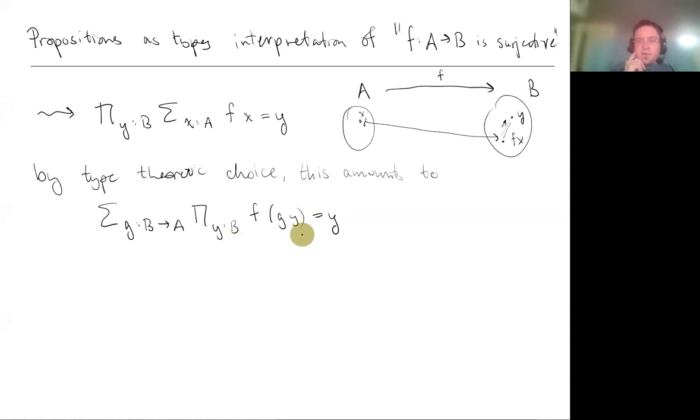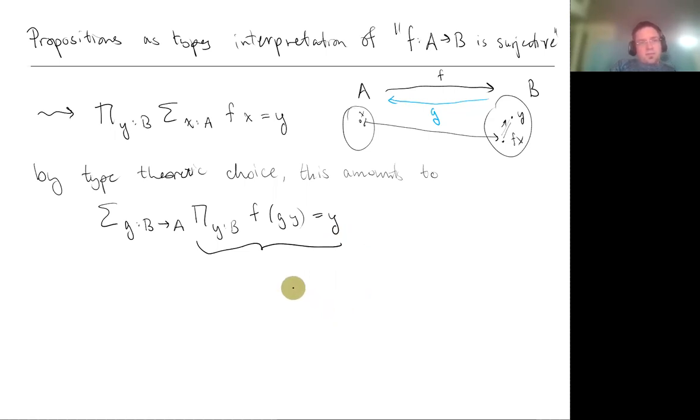Okay, so if we think about what this says, it says that we now have a function that goes in the other direction, the g. So the g picks out such an x, and then we have this other component here, which says for every y in B, the composition f after g applied to y is equal to y.